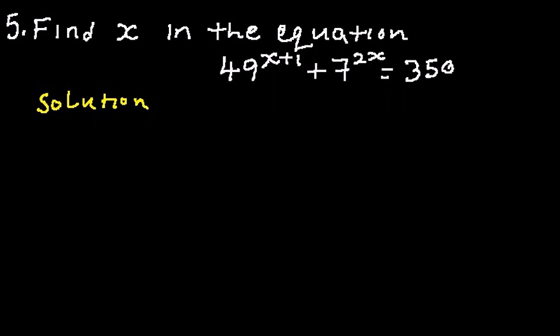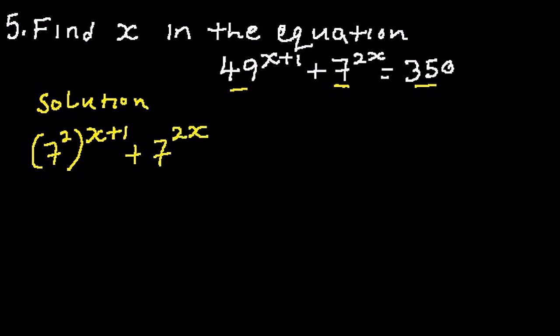So in this question, we apply the rules of indices. We can write 49 as factors of 7. So 49 is the same as 7 squared. We tie this into bracket, x plus 1, plus 7 to the power 2x is equal to 350.